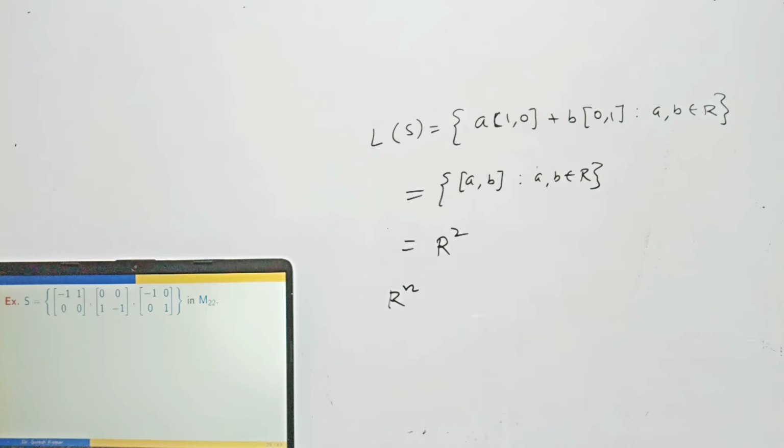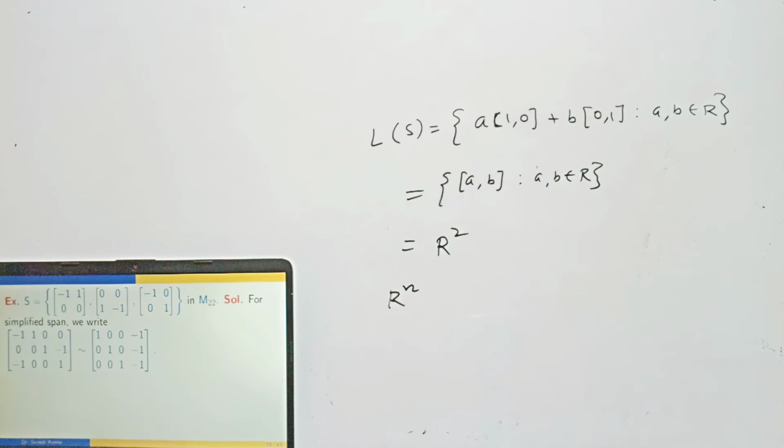Next, S is the set of matrices of order 2 cross 2. In this case also you can find the simplified span. Instead of dealing with matrices as they are, write the first matrix as a row of the matrix: minus 1 1 0 0.